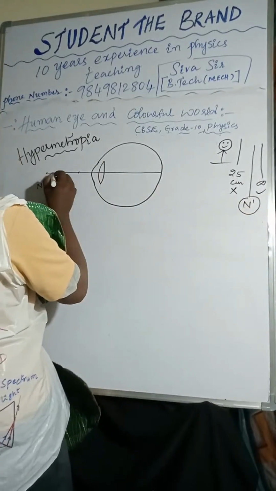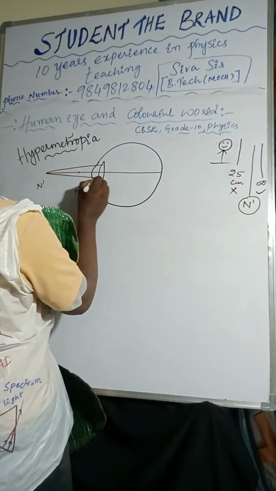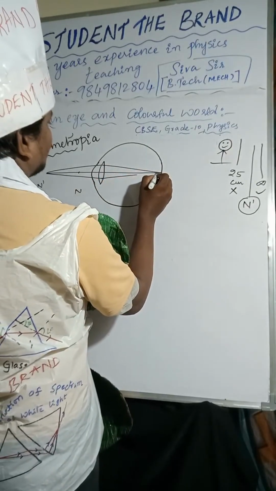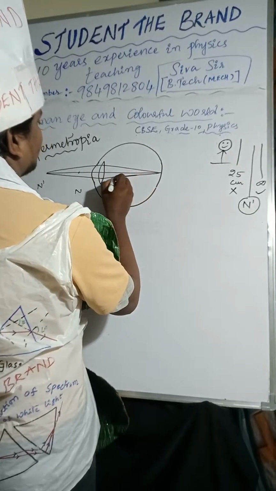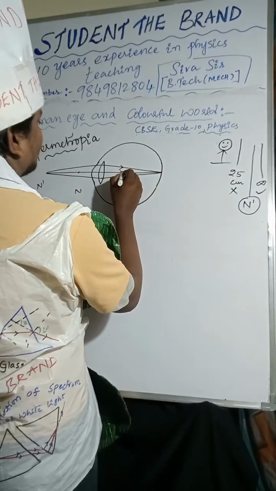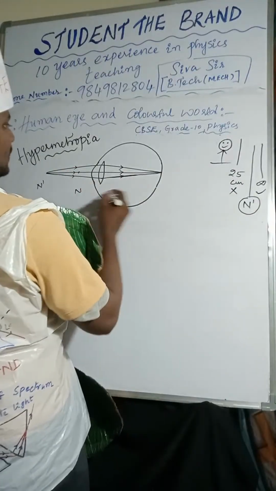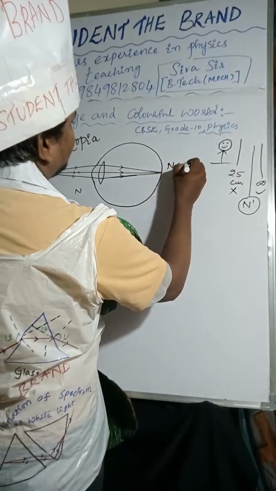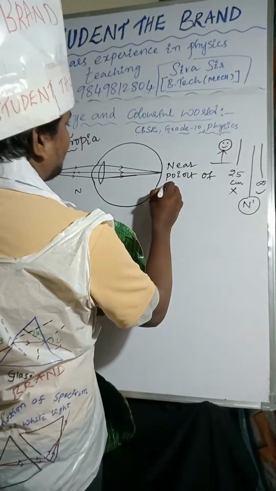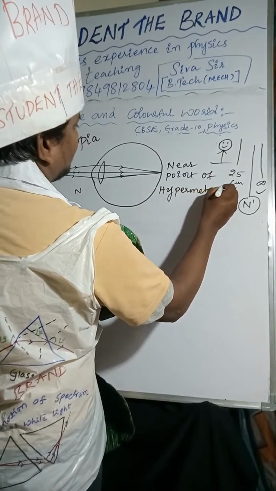This is N dash. This is N. This is the near point of the hypermetropic eye.